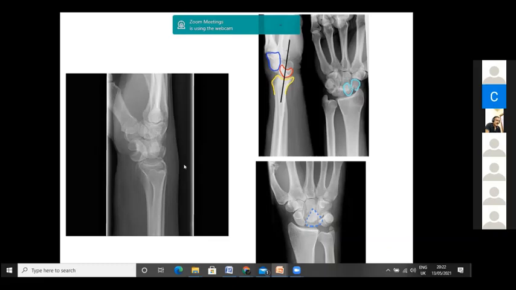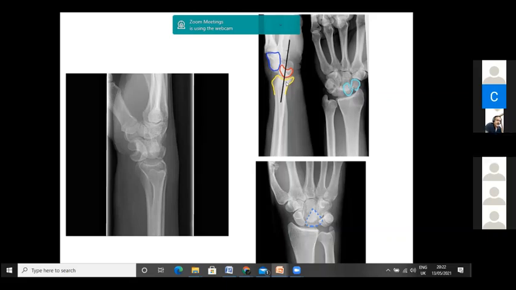So right from the scapholunate disruption, the ligament injuries can further progress and you can have a lunate dislocation or a perilunate dislocation like this. Here you can see the carpus is dislocated, but the lunate and the radius are maintaining their alignment. Is this a lunate dislocation or perilunate?